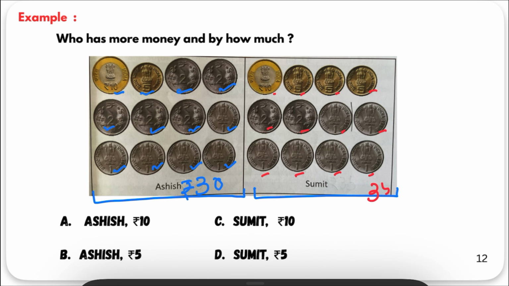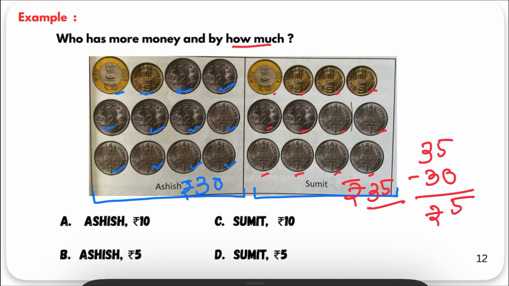So Sumit has a total of 35. So who has more money? Sumit has more money. By how much? 35 minus 30 is 5 rupees. Okay. So Sumit has 5 rupees more than Ashish. So option D here is the correct answer.